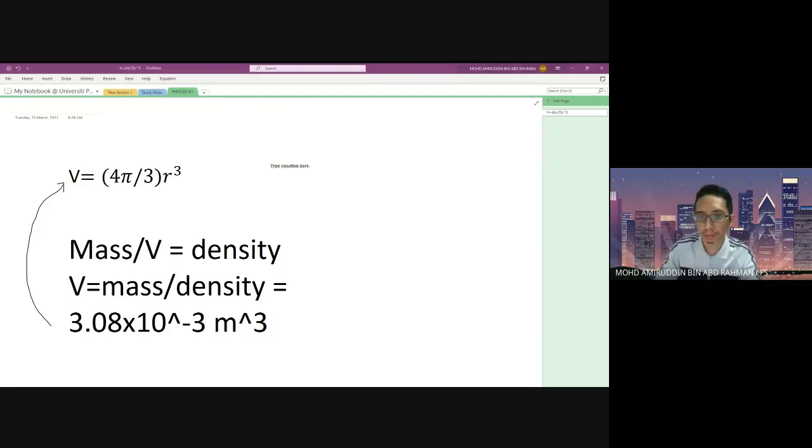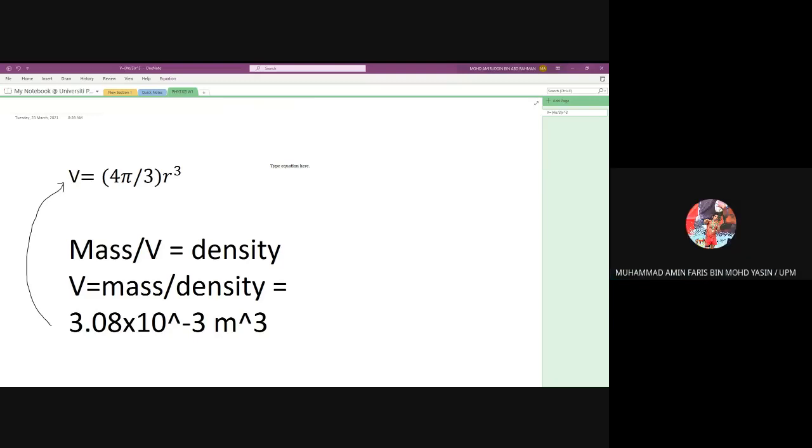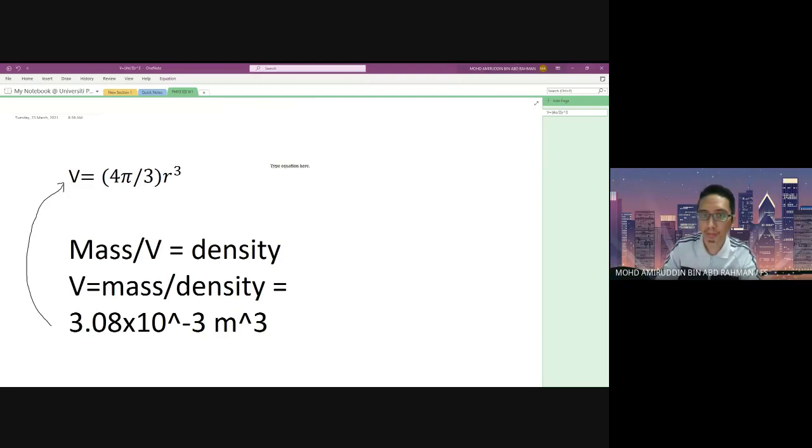So what is R? 0.09. Let me calculate. Okay, yes, that answer is correct. So R is 0.09 meter, which is 9 centimeters. Everyone got that?